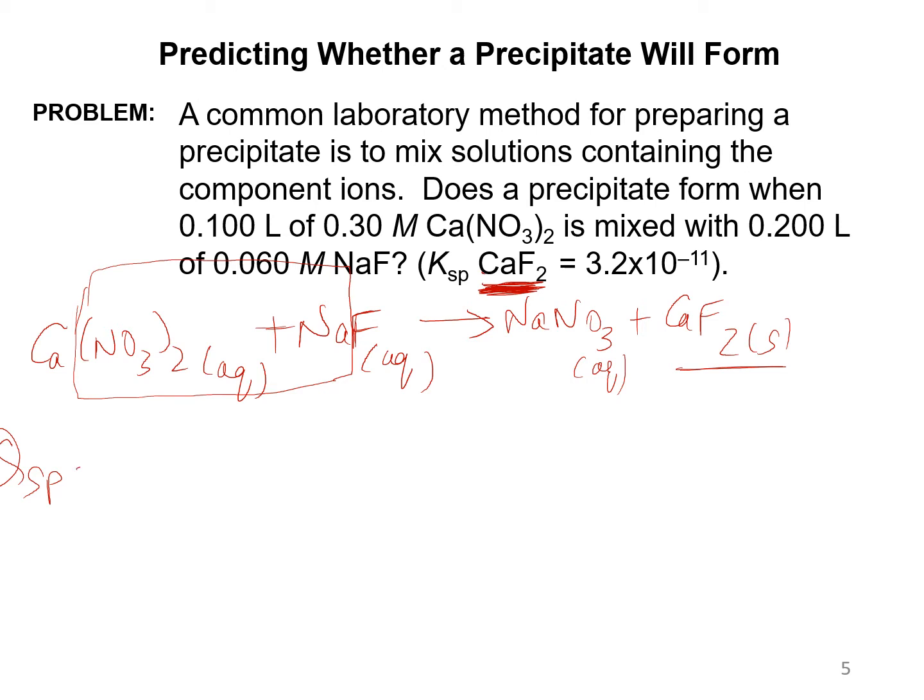So QSP for calcium fluoride is going to be concentration of calcium ion times fluoride ion squared. So if I can solve for both these concentrations, I can solve for QSP. Now, important thing here is that these concentrations that are included in the QSP expression are the final concentrations of calcium and fluoride after mixing.